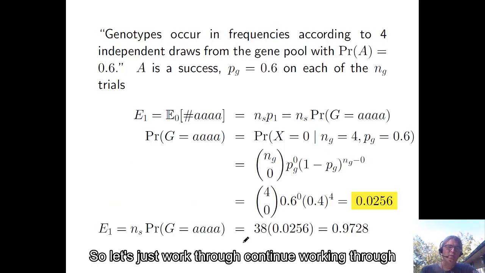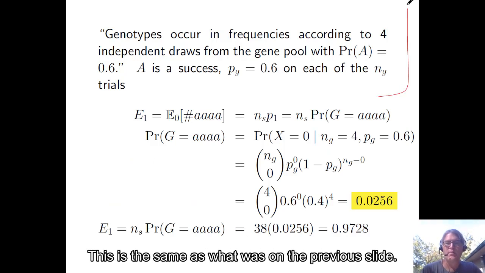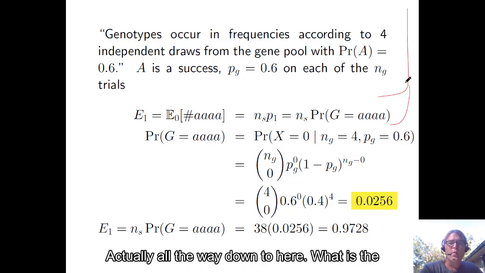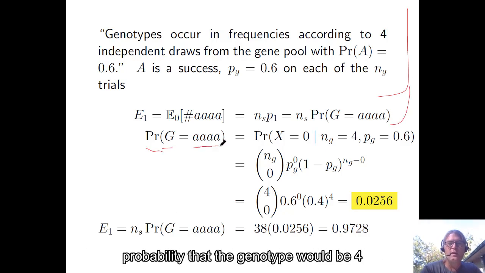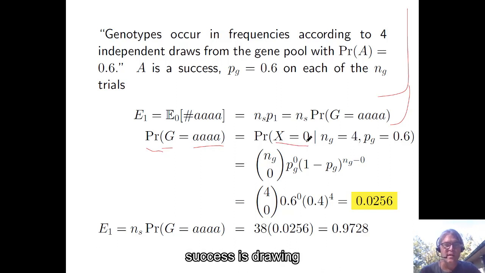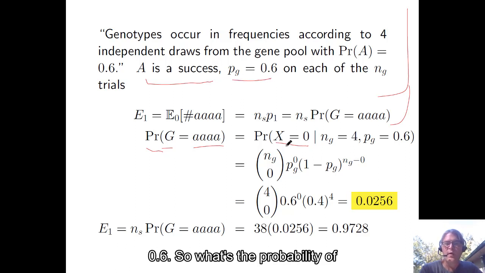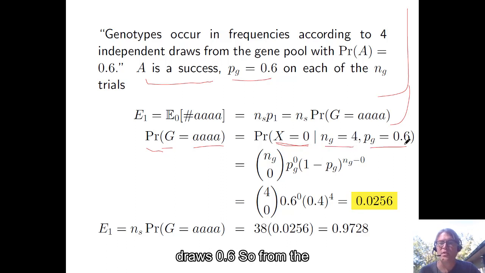So let's just continue working through the expectation for this first category. This is the same as what was on the previous slide, actually all the way down to here. What is the probability that the genotype would be 4 little a alleles? That's the probability that we have 0 successes, where a success is drawing a big A allele, and the probability of a success is 0.6. So what's the probability of 0 successes, given that we have 4 draws, and the probability of success on each draw is 0.6?